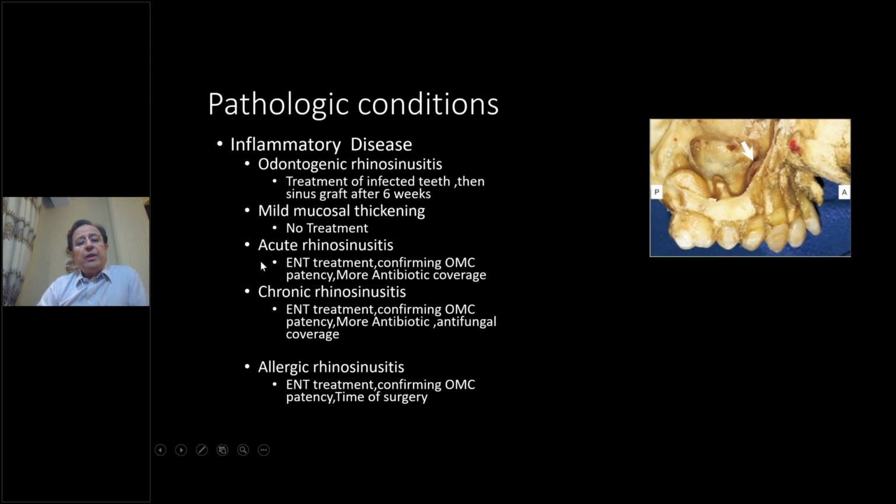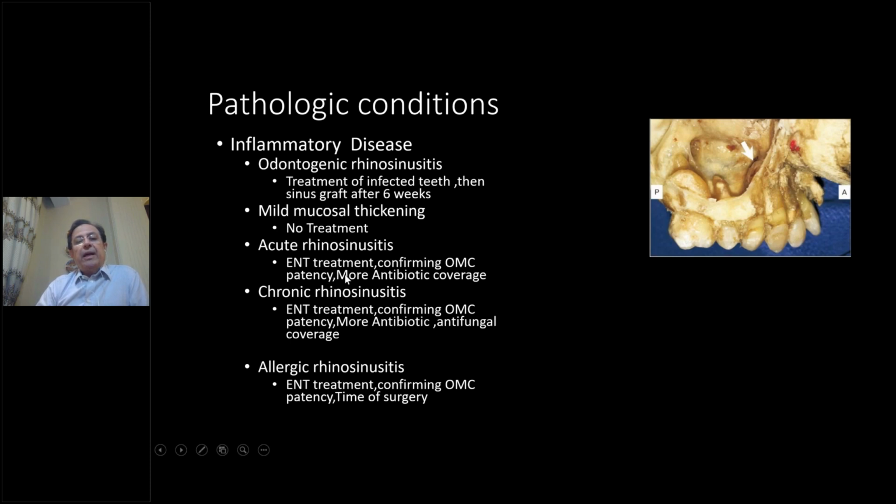In this situation, in all of them, we must refer the patient to an ENT specialist, and after their treatment, if they confirm the OMC patency, then we can go to sinus graft.